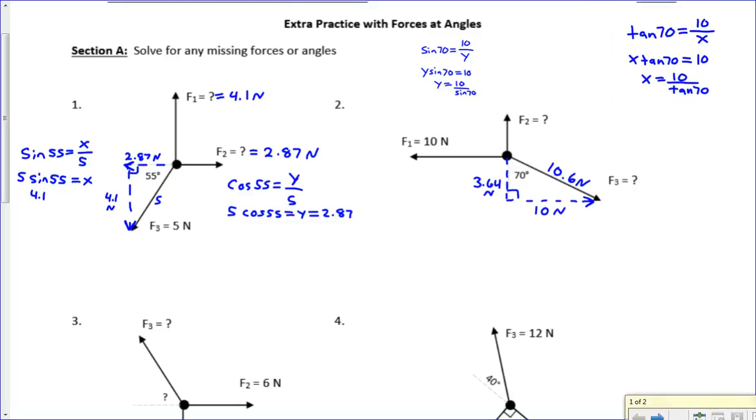Well, in this case, this F2 is canceling out directly with the vertical component of that F3, and so that 3.64 cancels out here with the upward. We'd have to have 3.64 to cancel that out. All right, so we know that the upward force is 3.64, and for F3, we've already found that it's 10.6. It's the hypotenuse of that. So 10.6 newtons is what we've got there.